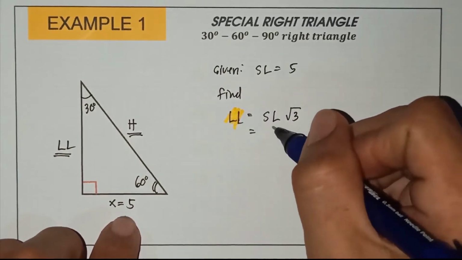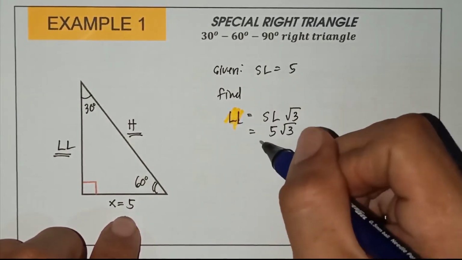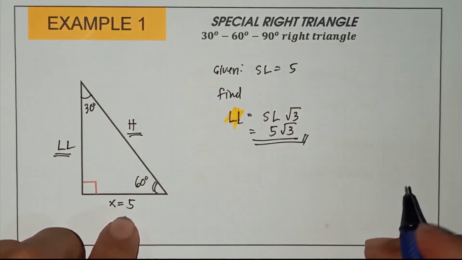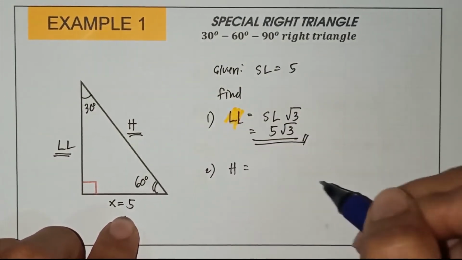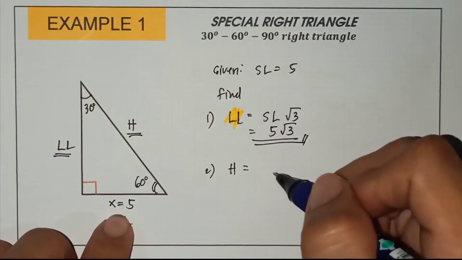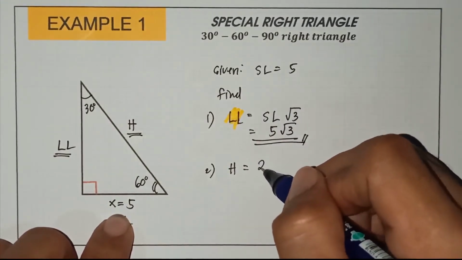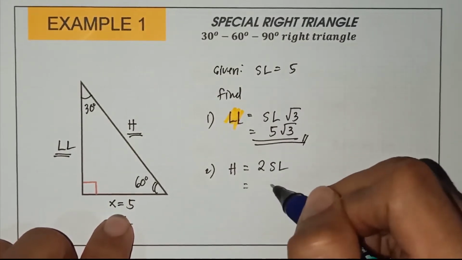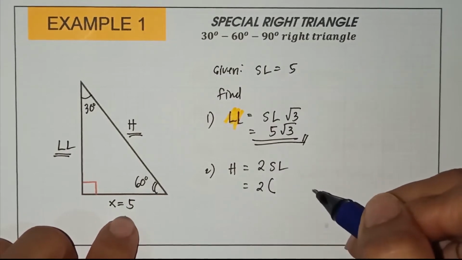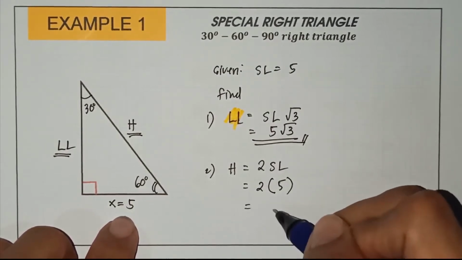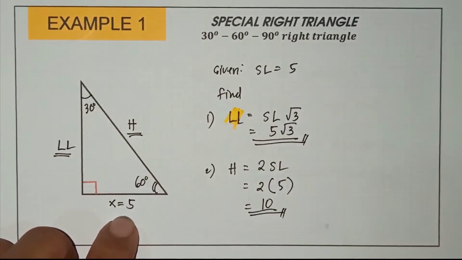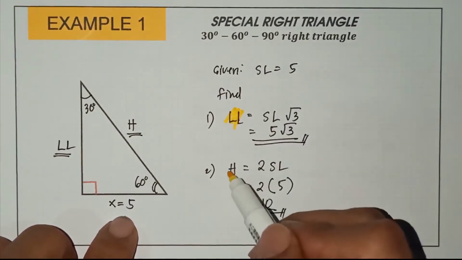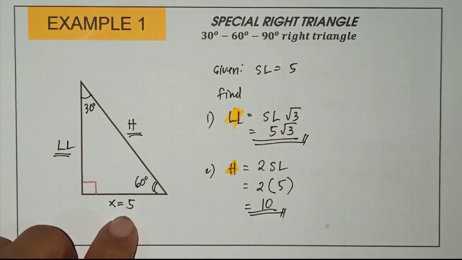The shorter leg here is 5, so 5 square root of 3 is the answer. To get the hypotenuse, given the shorter leg, the hypotenuse is double the shorter leg. 2 times 5, so the hypotenuse is 10. This is our example number 1.